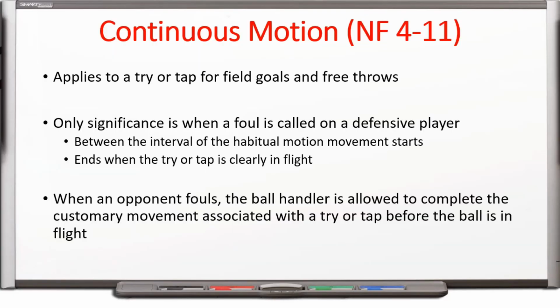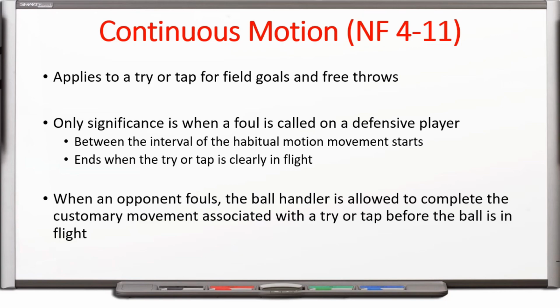Let's start with the very first topic of this video, continuous motion. Continuous motion for the National Federation is under definitions 4-11. Continuous motion applies to a try or tap for field goals or even a free throw attempt.